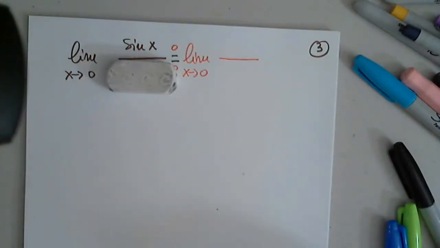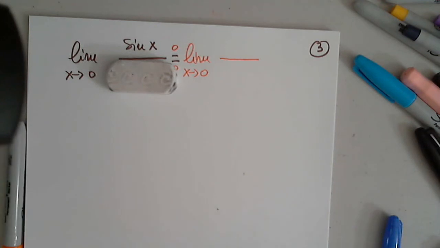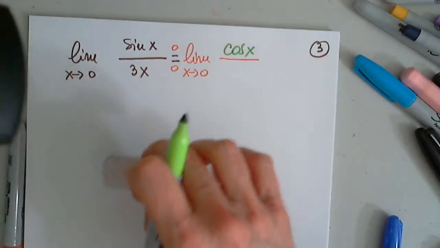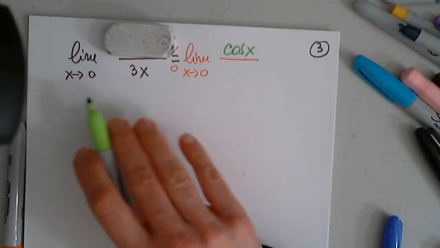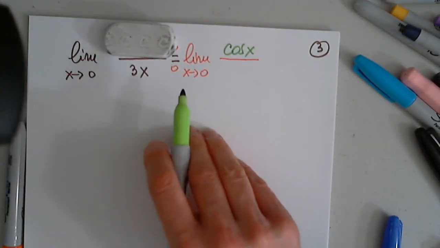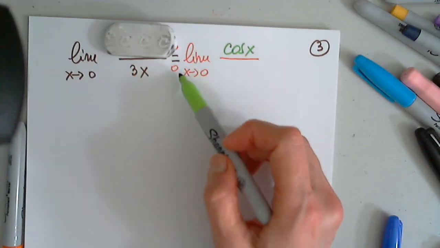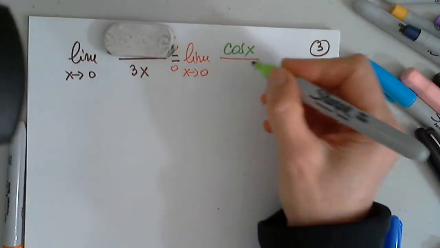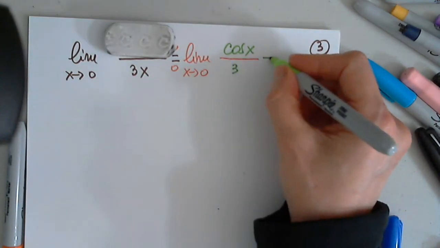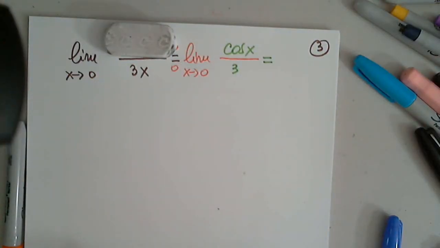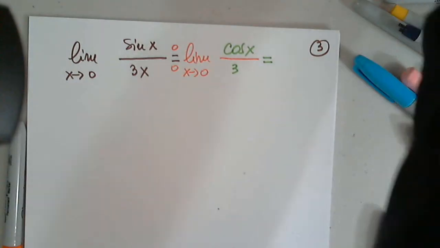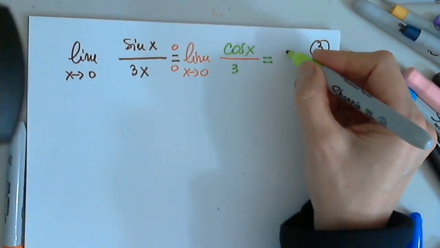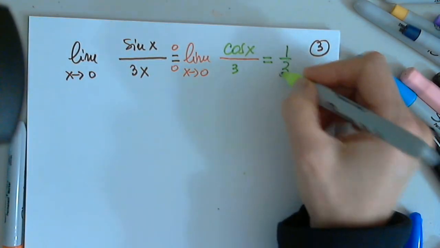So differentiating the top gives us what? Cosine x, very good. And now separately, only inside a limit, only when I apply L'Hopital's rule, and only in 0 over 0 or infinity over infinity, the derivative of the denominator is 3. Good. So now the final limit answer, and the limit operator gets dropped, is 1 over 3. That's it.